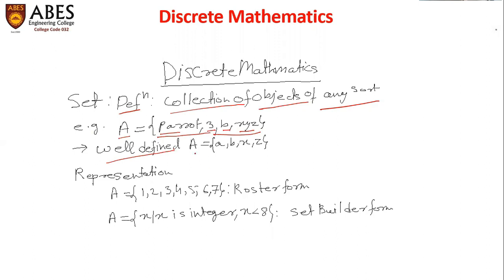I will explain what a well-defined set means using an example. I'm taking a set A, which contains four elements a, b, x, and z. These are all alphabets. So set A is a set which contains alphabets.